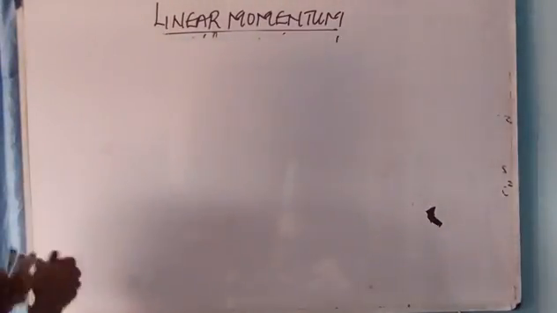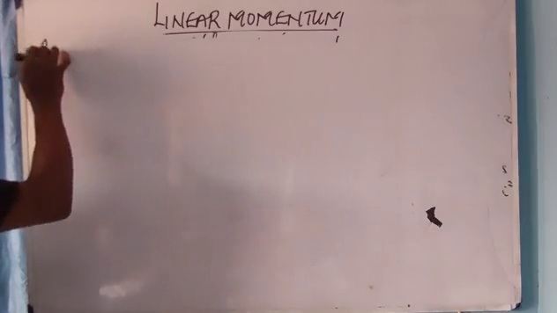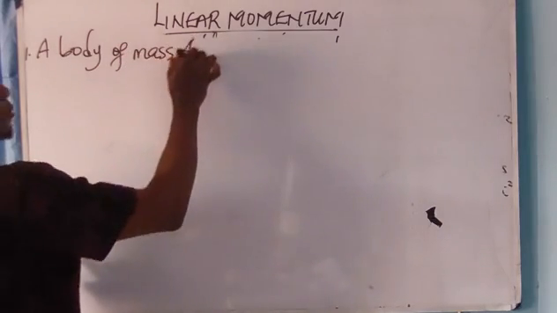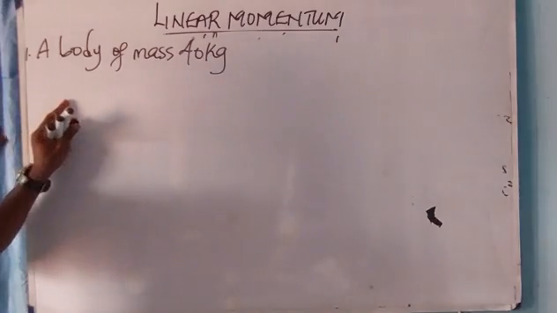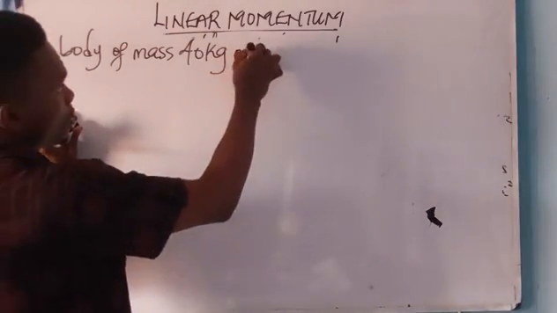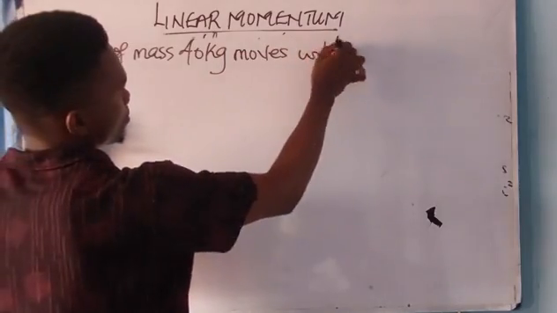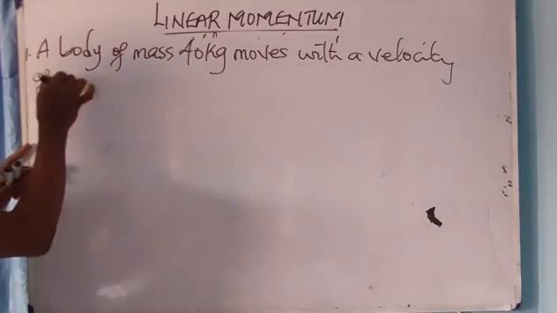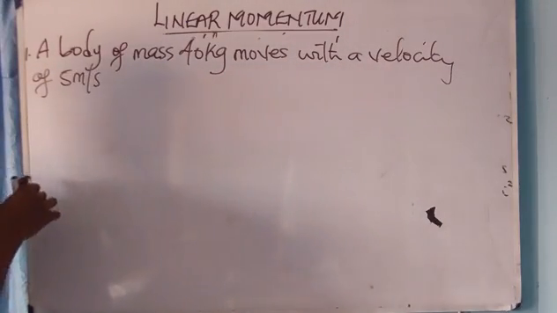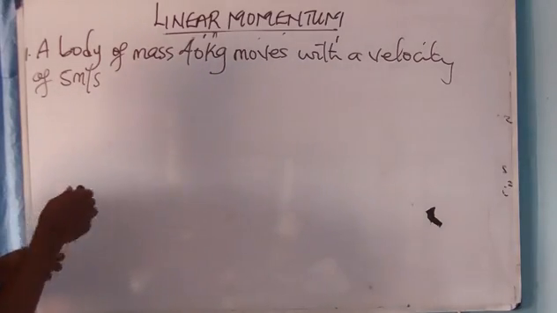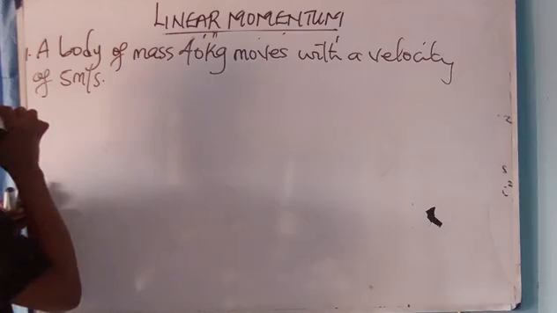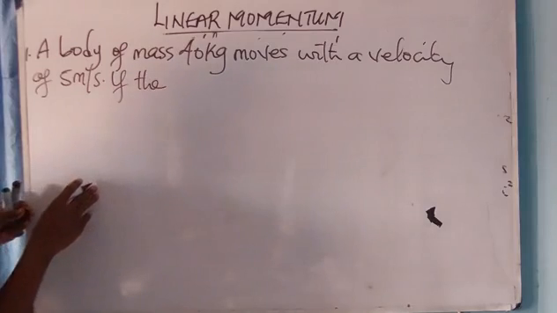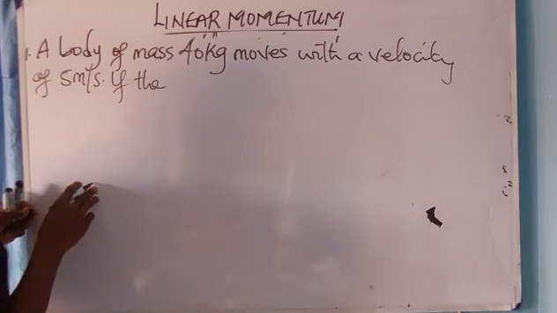Now, the first one: a body of mass 40 kg moves with a velocity of 5 meters per second.